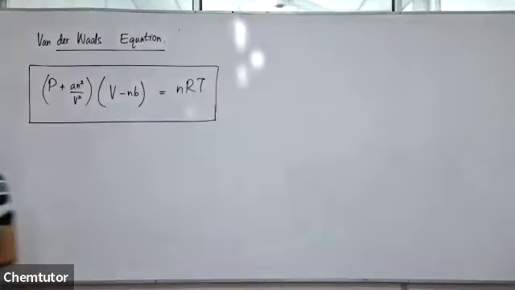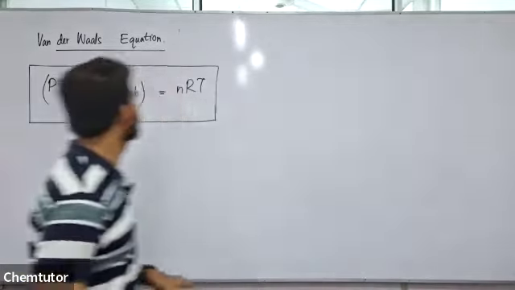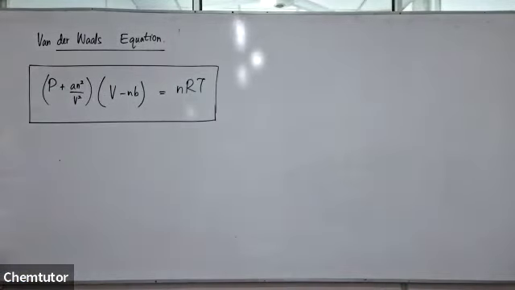Right. Now let's learn the parameters that we have used over here. Right. a and b are called the Van der Waals constants. So did you write that this is the Van der Waals equation? Right.